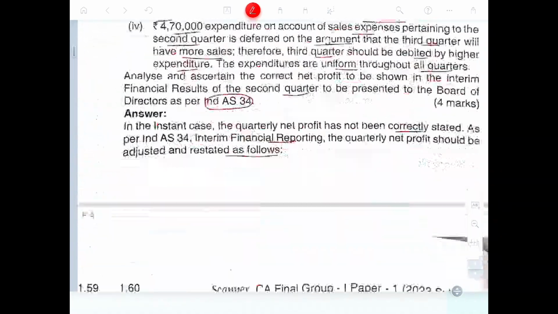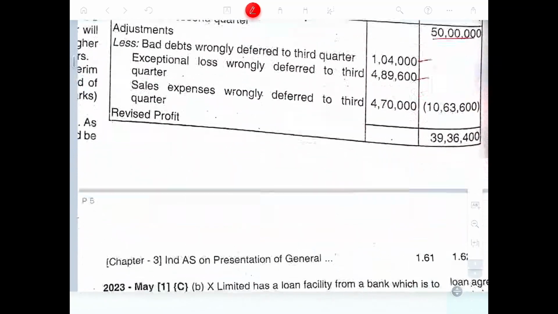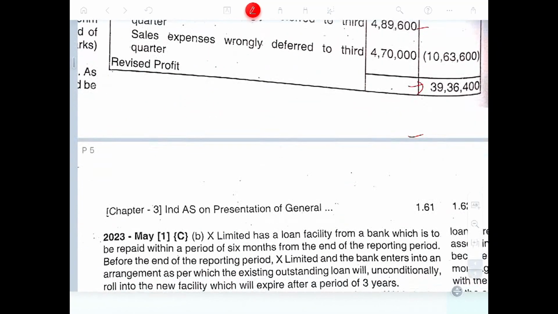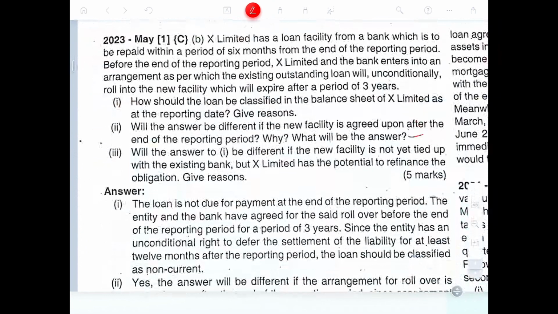Like that, that year itself will be deducted. So the net profit is 39,36,400. Correct.